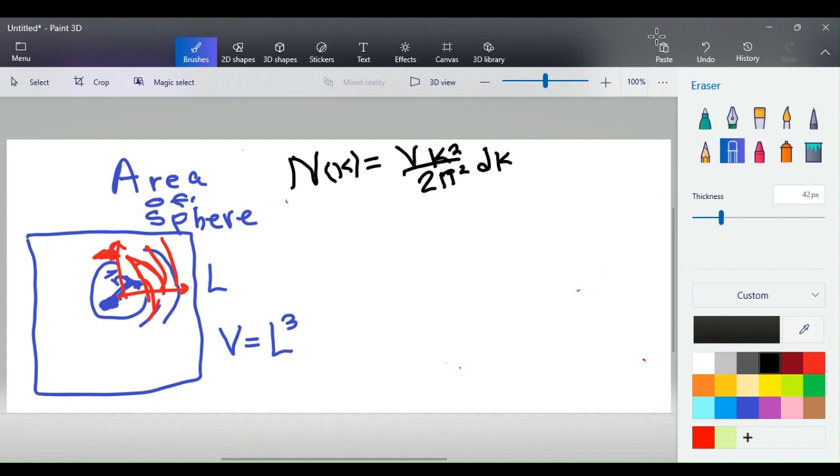And for every little tiny change in K, remember K has a wavelength component to it. So we don't want to forget about that. That's going to be really important. And let me fix this K. Okay, that looks more like a K.